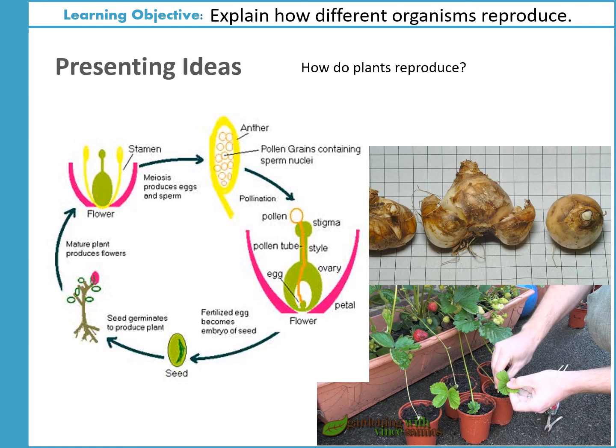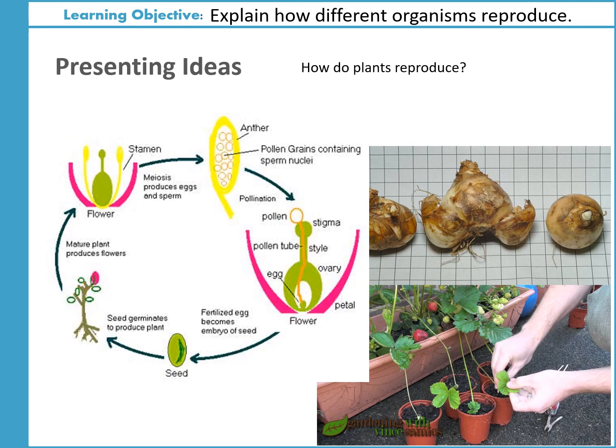The seed can then be planted or find its way into some soil, get some water and some oxygen, and begin to germinate and produce a new plant, which produces seeds, which makes flowers, which undergoes meiosis, which produces the eggs and the pollen, and these are both diploid.